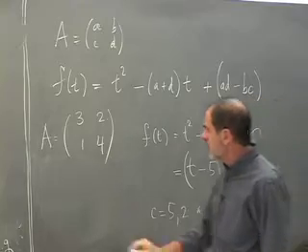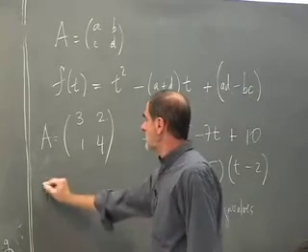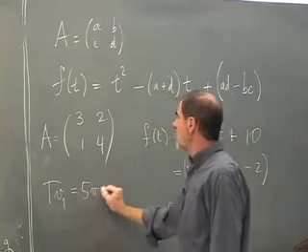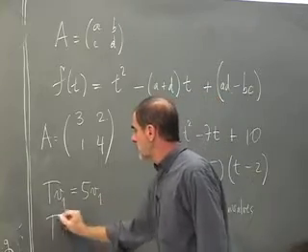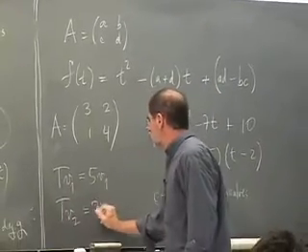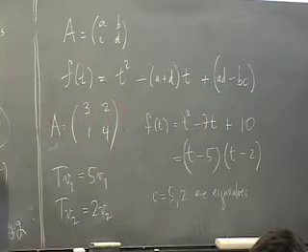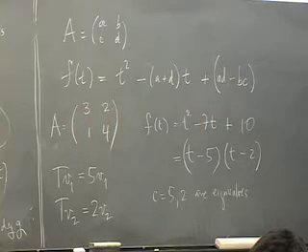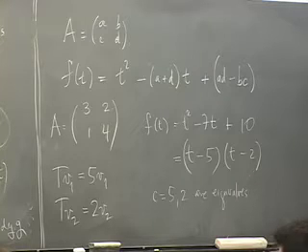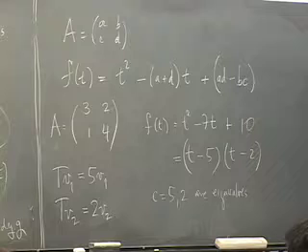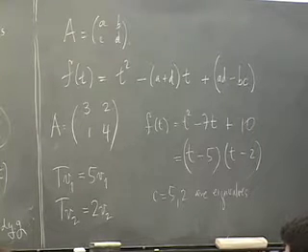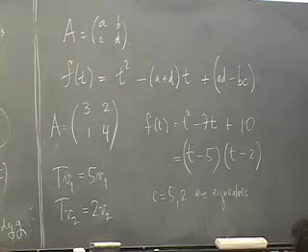Namely, we have a vector v1 such that T of v1 is 5v1, and we have a vector v2 such that T of v2 is 2v2. Looks good, huh? Looks like we might have a basis of eigenvectors. Right? We have two of them. Are they linearly independent? Why?